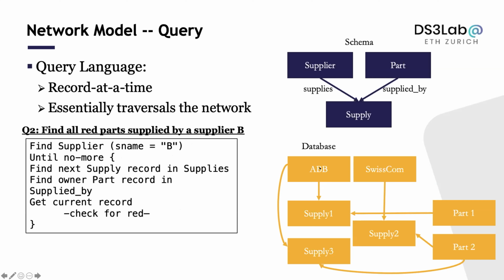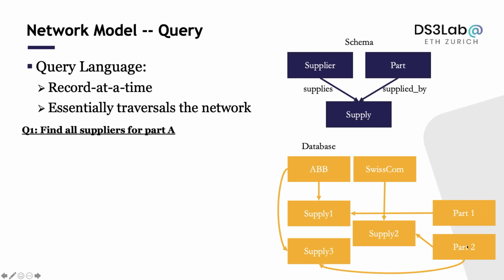And then I enumerate all the relevant records connected to the supplier. I come from ABB, I enumerate to supply one, and then for supply one, I find the part, okay? And also for ABB, I go to supply three, and for supply three, I find part two, and so forth, okay? It gives you a way to enumerate the records in this network.